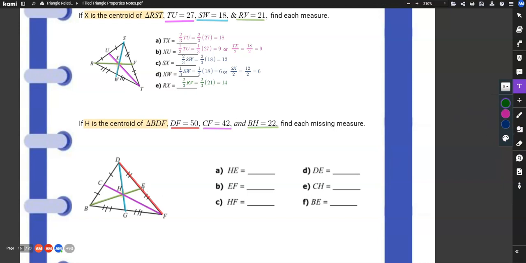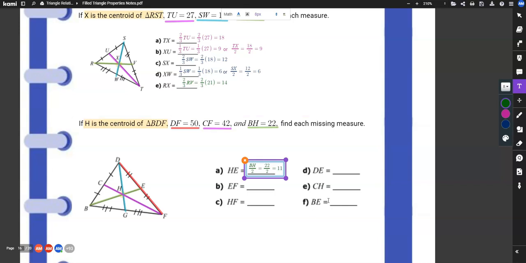HE is part of the segment BE. It is the smaller portion. So we are going to say that HE is half of BH, because they gave me BH. So we're going to divide BH by 2. BH is 22 divided by 2, and that gives us a length of 11.